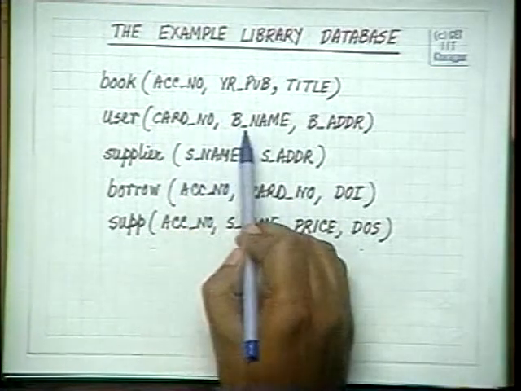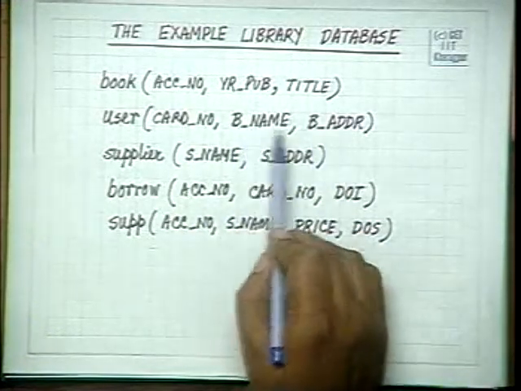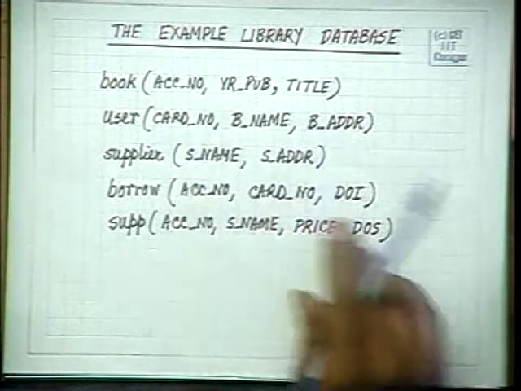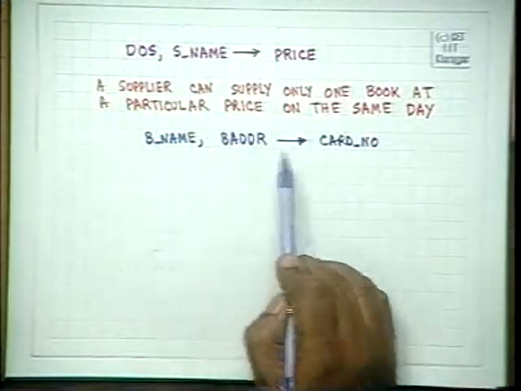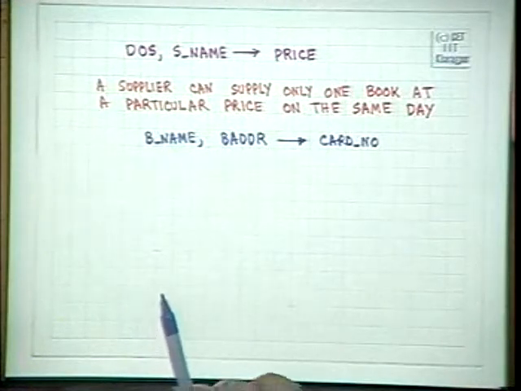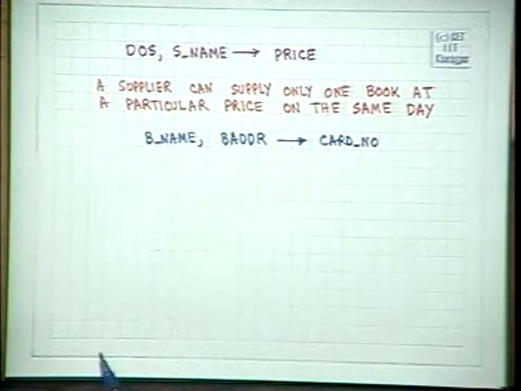Card number gives borrower's name, card number gives borrower's address, from primary key. I have now written down borrower's name and borrower's address. This side is and, borrower's name and borrower's address gives card number. So, two tuples which have got the same borrower's name and address give the same card number.